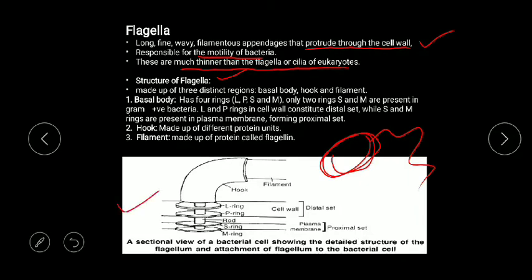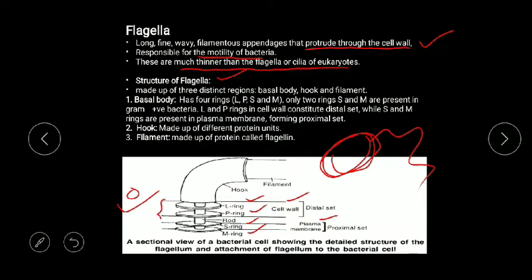Now, we should focus somewhat on the structural part. When we see the structure given here, you can see there is a cell wall and plasma membrane. In the plasma membrane there are some rings you can see here, that are the S and M ring, and above that in the cell wall, the L and P ring.